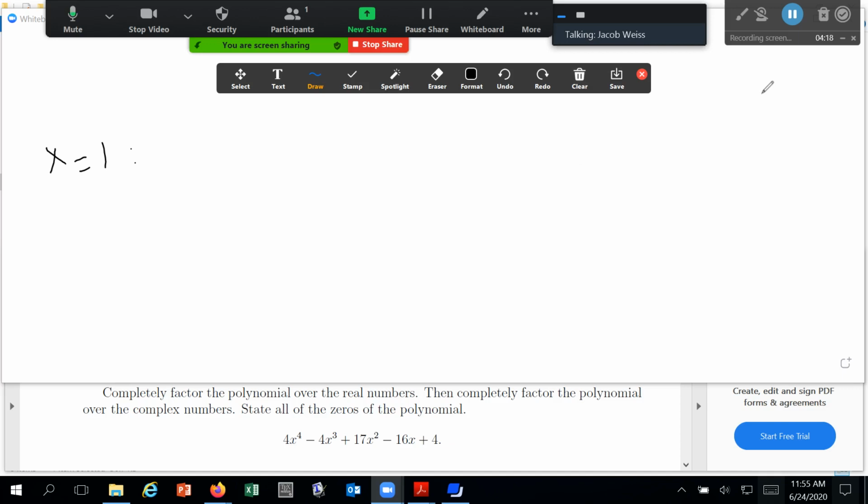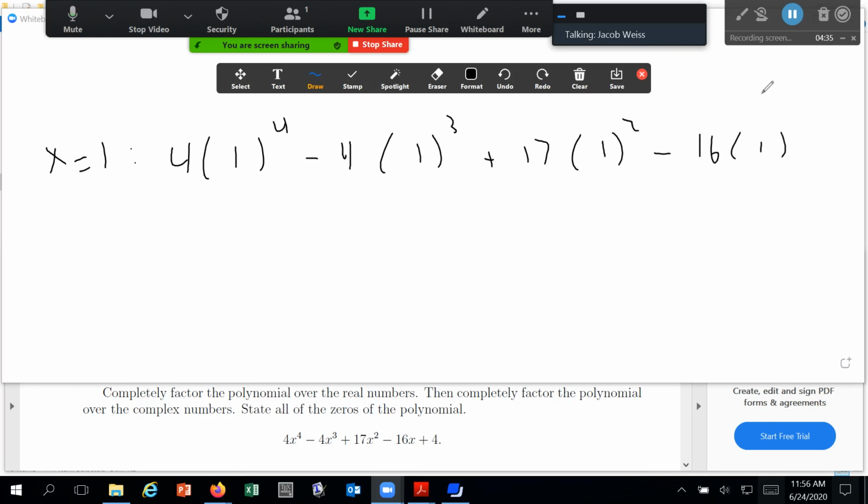That will be 4 times 1 to the 4th minus 4 times 1 to the 3rd plus 17 times 1 squared minus 16 times 1 plus 4. That's equal to 4 minus 4 plus 17 minus 16 plus 4. So 4 minus 4 is 0, plus 17 minus 16 is 1, plus 4 is 5. So that's not 0.